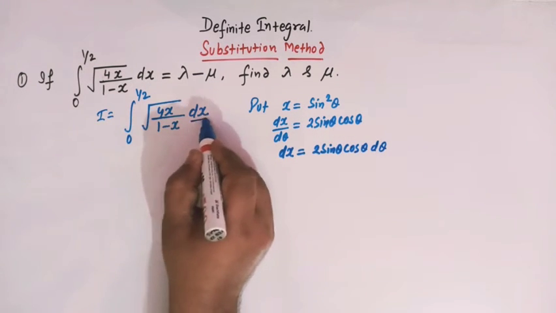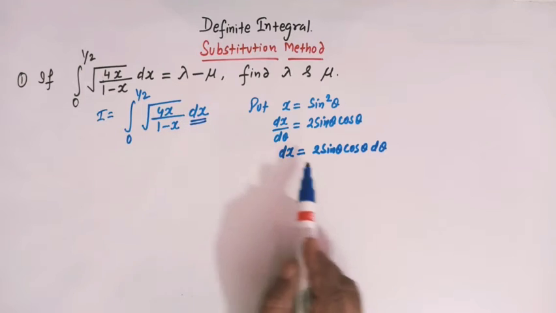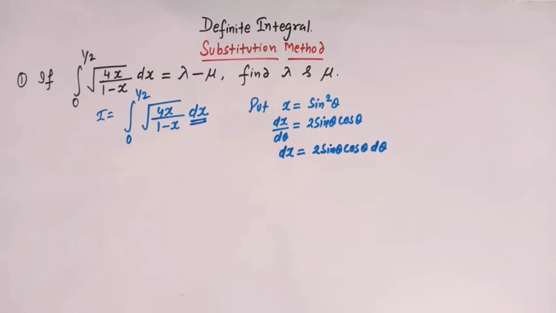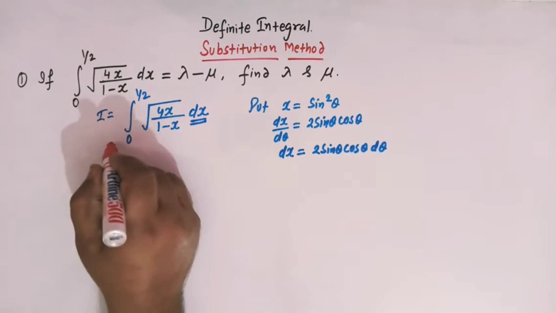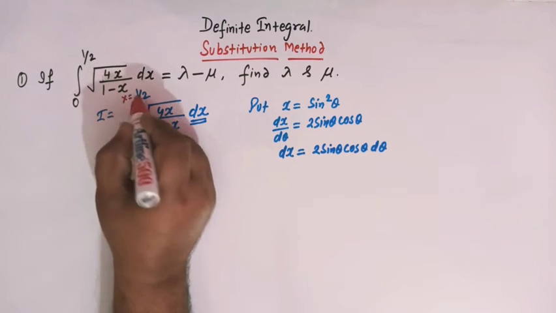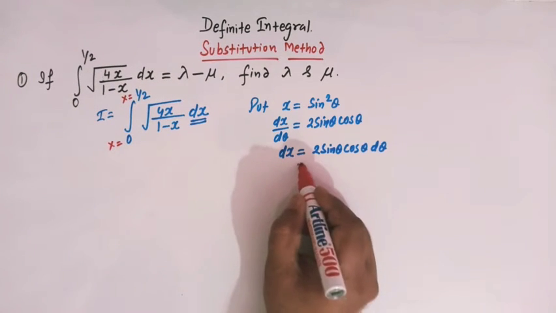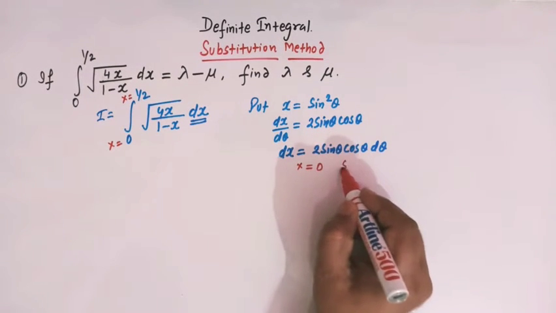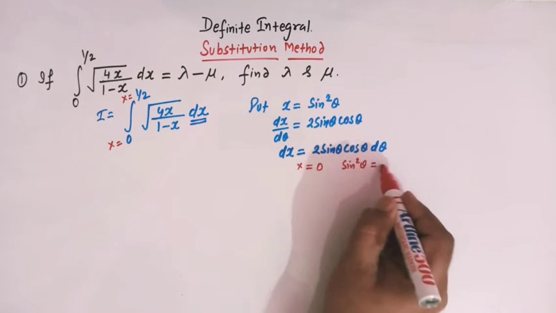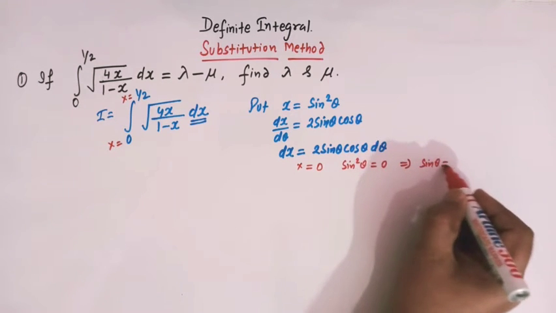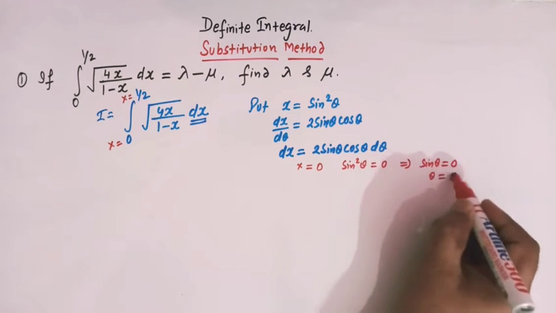And dx is now equal to 2 sine theta cos theta d theta. Now let us change the limits accordingly. Here x varies from 0 to 1/2. When x is equal to 0, sine square theta is equal to 0, which implies sine theta is 0 and theta is equal to 0.